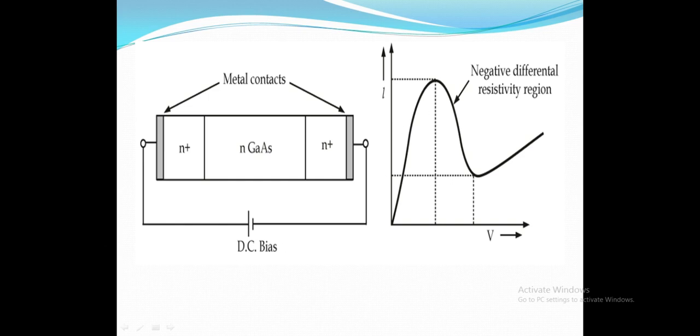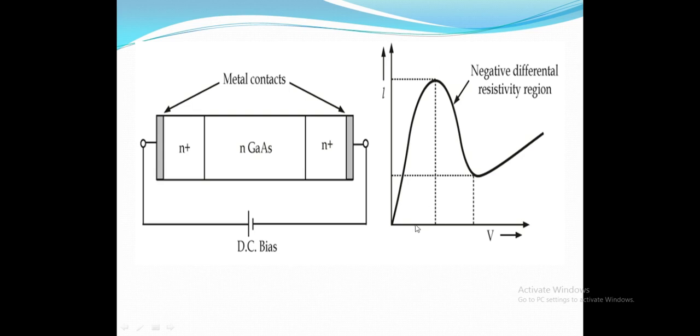That means it has a positive resistance. If the applied voltage increases, the resultant current also increases, up to an applied voltage less than 3.3 kilovolts per centimeter.